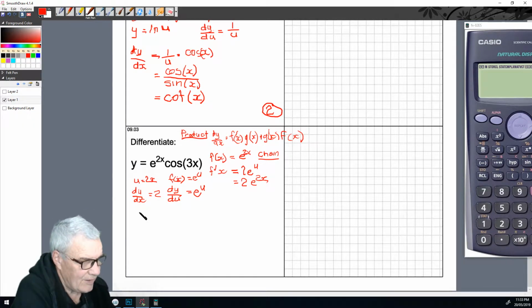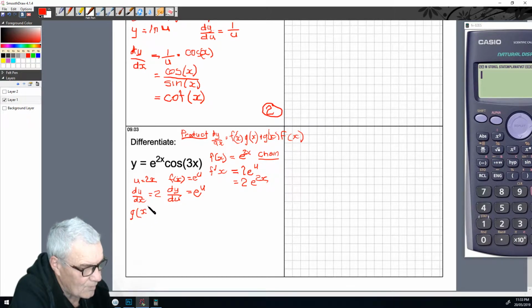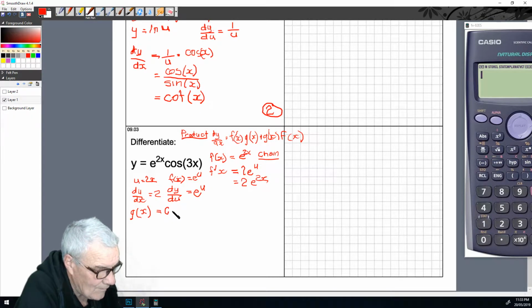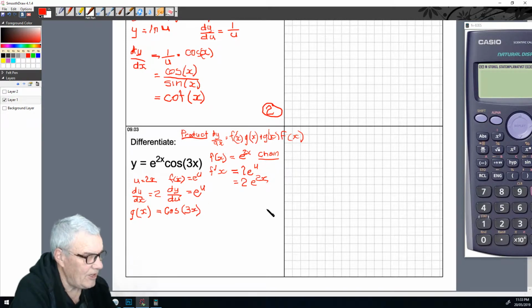Okay. Now over here let's do g of x, the second function, equals cos 3x. And again, we're going to have to use the chain rule to differentiate that.